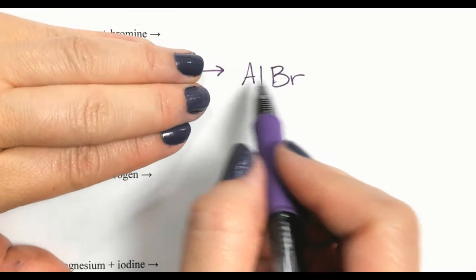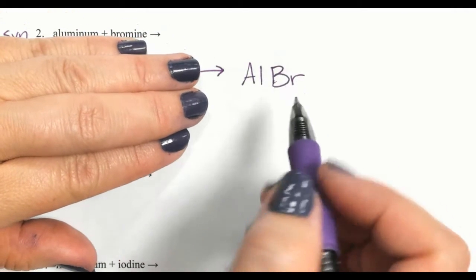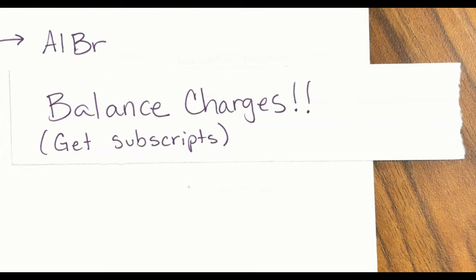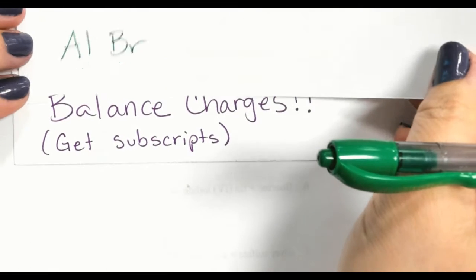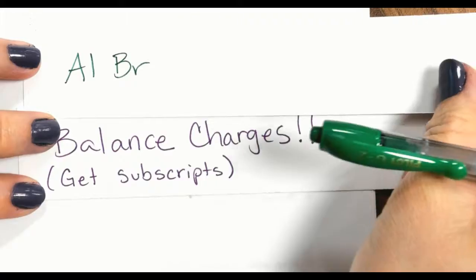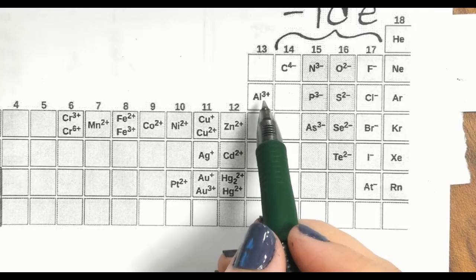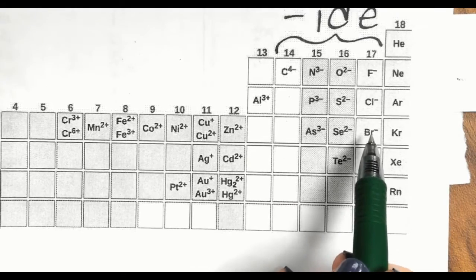Now that we have figured out what our product is, we need to balance the charges. So don't forget, balance charges to get the subscripts. So I'm going to do this kind of on the side. AlBr. We're going to go look at the periodic table to find aluminum is here, +3, and Br is here, -1.